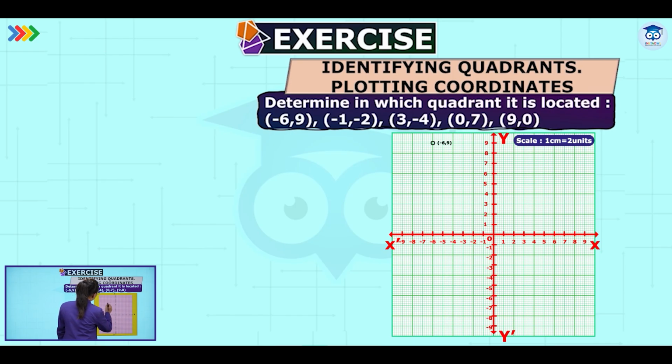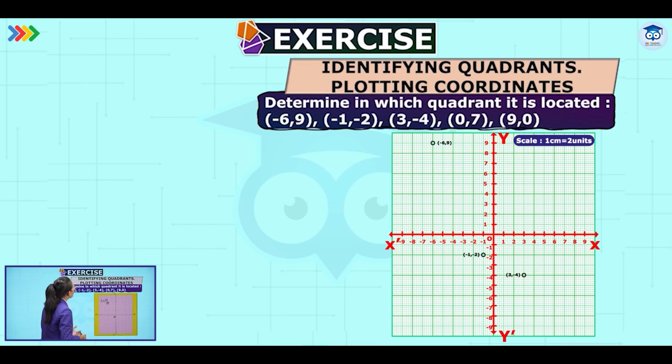So this represents minus 6 comma 9, and the quadrant is the second quadrant. Next we have minus 1 comma minus 2. We know that this will be in the third quadrant, right? So we have to plot it. We have here minus 1 and minus 2. This is the point.